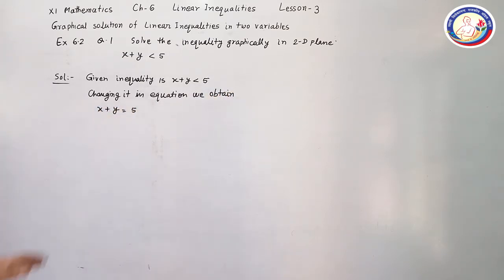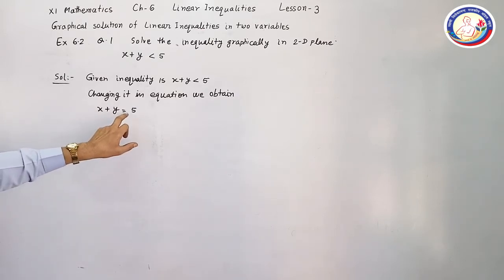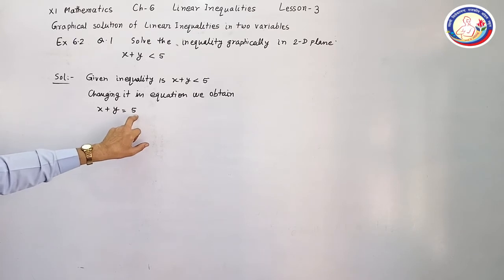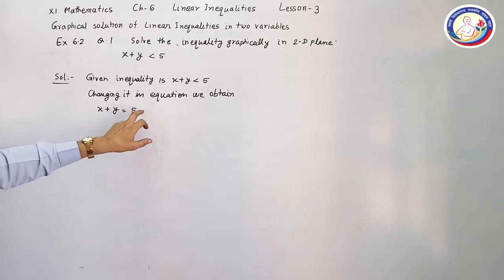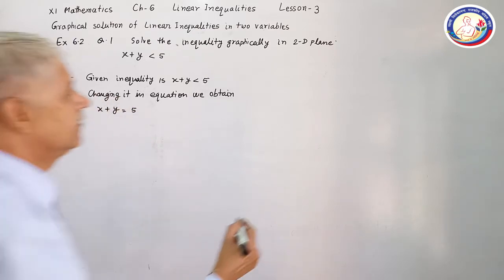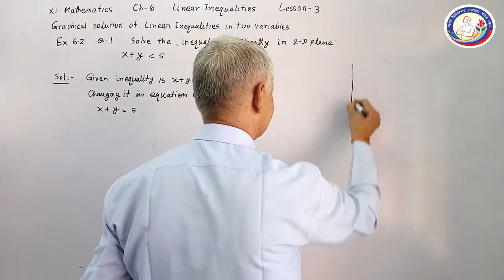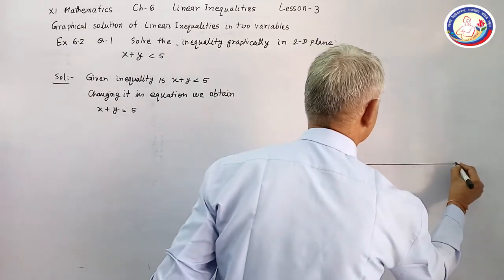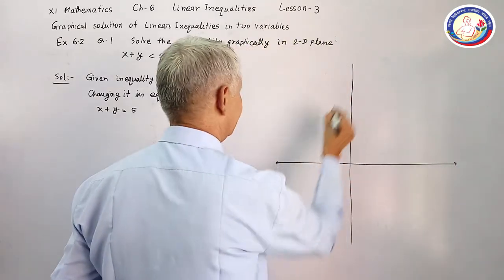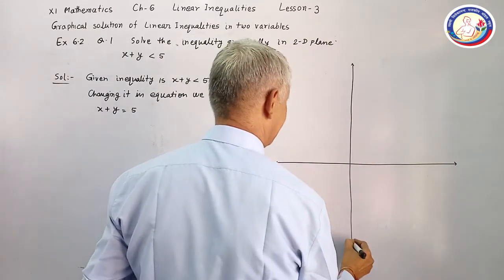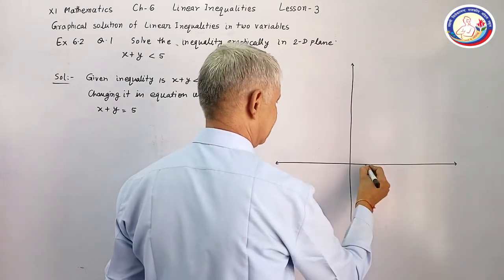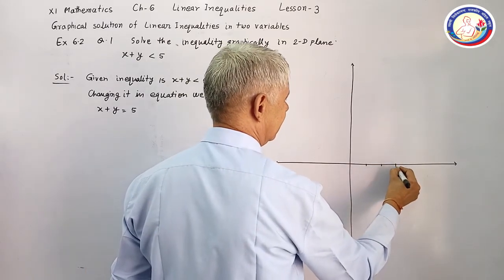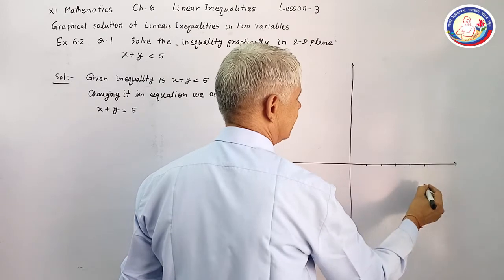So first step is to find the solution of this equation, or to represent the solution of this equation on a graph line. So the graph may be like this. It is x-axis and y-axis. I am drawing a rough figure. You can use graph paper. Let's say this is 1 unit, 2 unit, 3 unit, 4 unit, 5 unit.